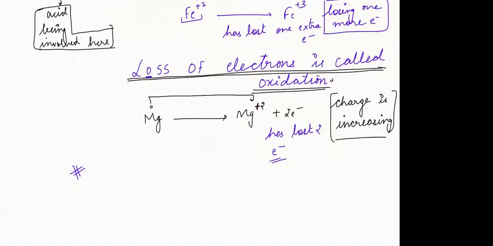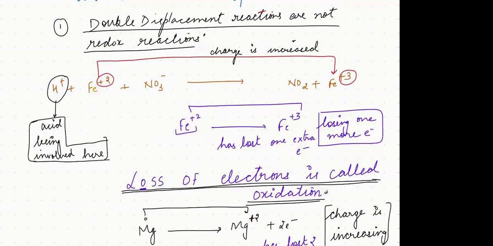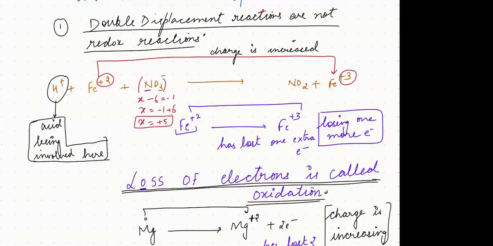Now, similarly, if I talk about the upper equation, have a look at NO3. First calculate the charge on nitrogen in NO3. Let the nitrogen charge be X. In the combined state, oxygen charge is -2. So for 3 oxygens, it would be -6, and the total is -1. So X equals -1 plus 6, so X is +5.